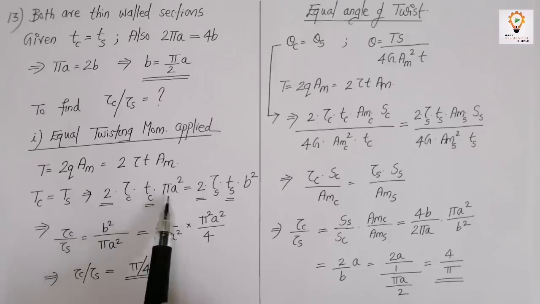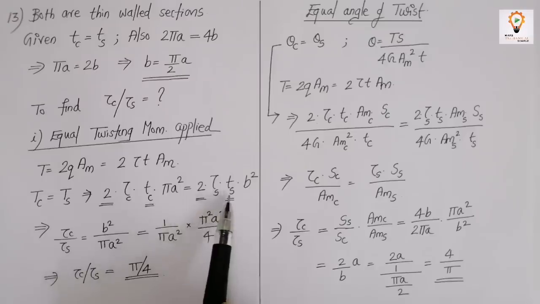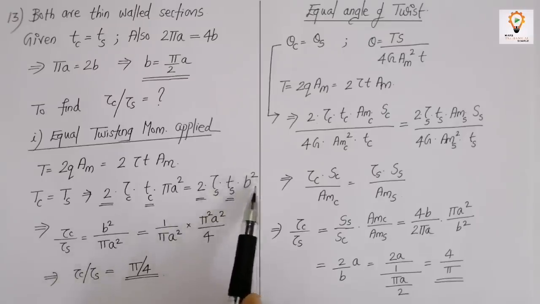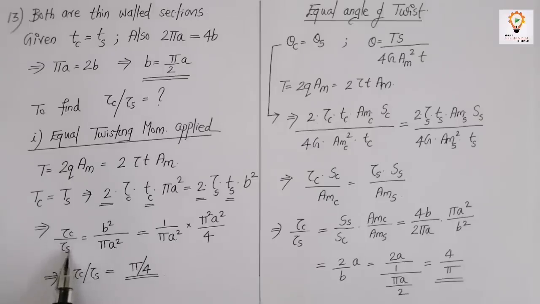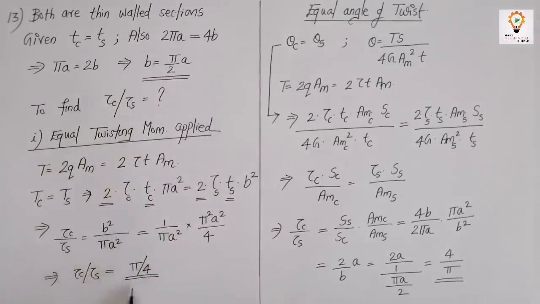Remember, this is not the surface area, this is the cross sectional area, which is equal to 2 tau s ts into b square. B square is the area enclosed by the median line on the square. So what is the question? Question is to find out tau c by tau s. It will come to this equation. Now here you have to substitute either for b or a as obtained here. Then only you will get the final answer, pi by 4.